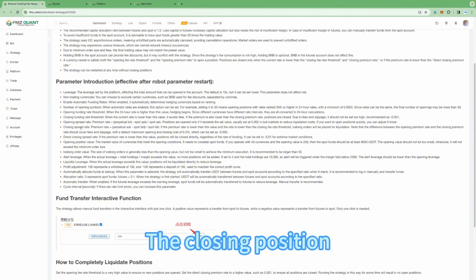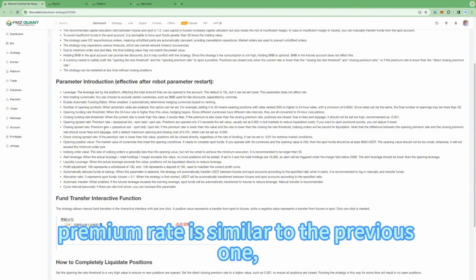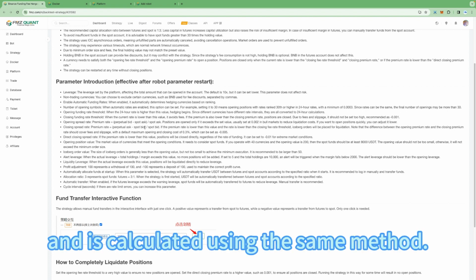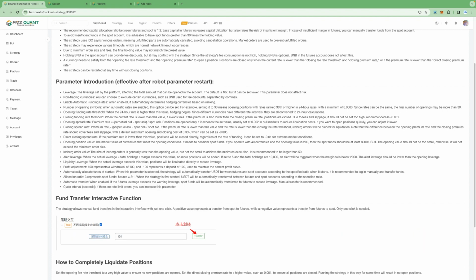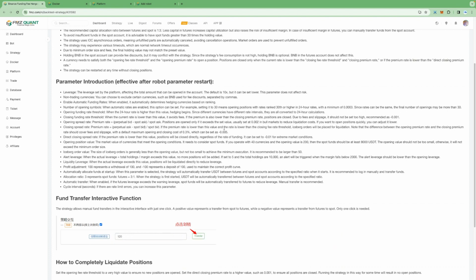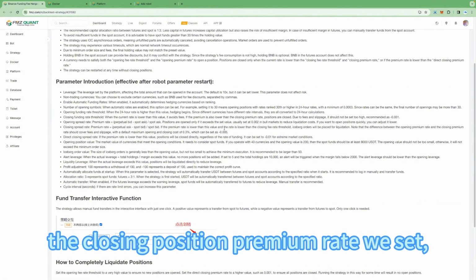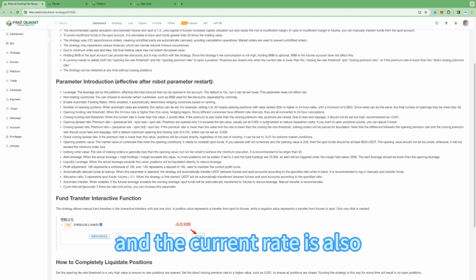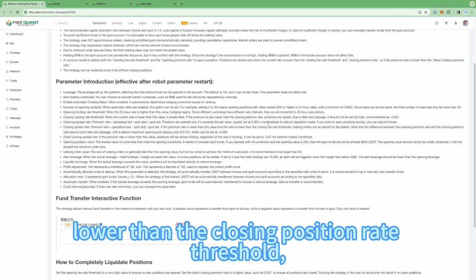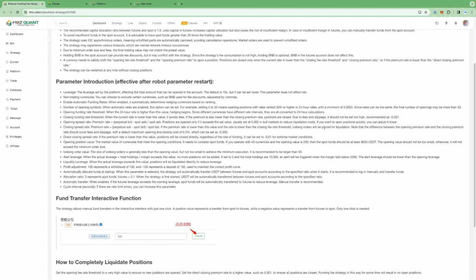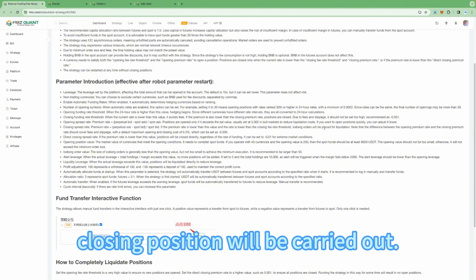The closing position premium rate is similar to the previous one and is calculated using the same method. If the premium rate is less than the closing position premium rate we set, and the current rate is also lower than the closing position rate threshold, an iceberg commission closing position will be carried out.